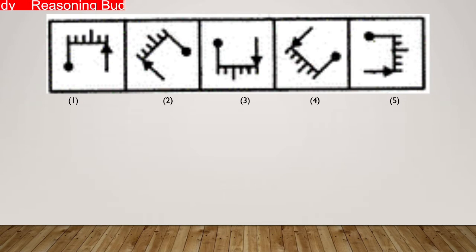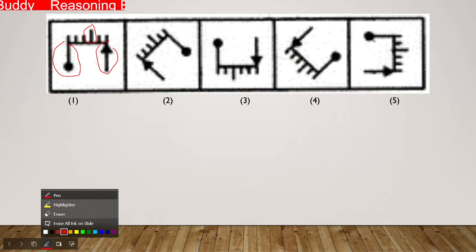Time up. First of all, we have to consider what the main characters are here: one lollipop and one arrow. And we can take this big line segment also. So let's compare these three characters for all figures.